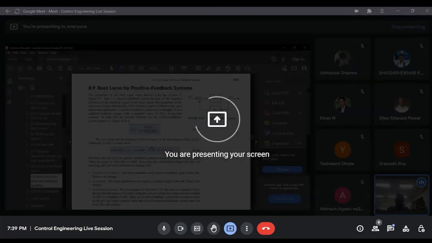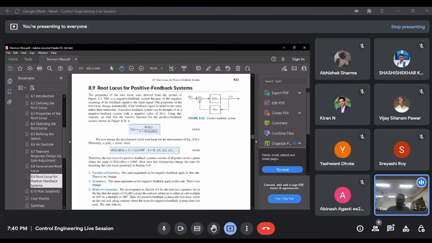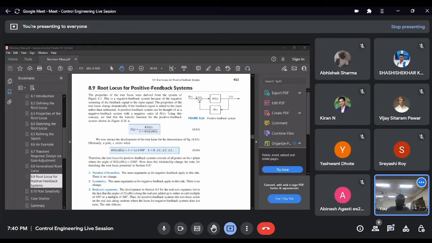So for positive feedback systems, the change that happens is you do not equate, like for negative feedback systems, you had 1 plus kgh, correct? For that case, the kgh open loop value was equal to -1, that is 1 at 180 degrees. But here kgh has to be equal to +1, that is 1 at 360 degrees, or any multiple of 2 pi.